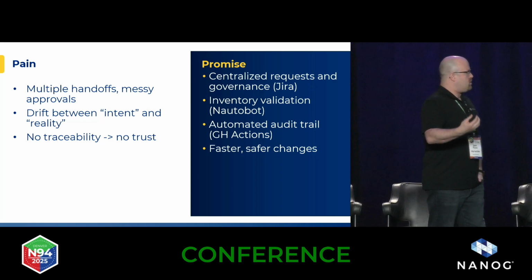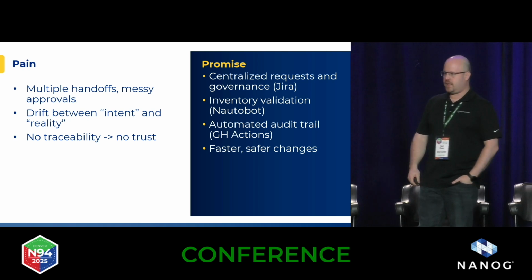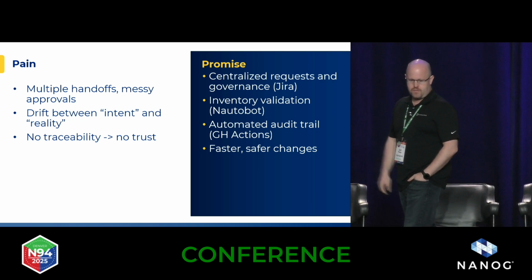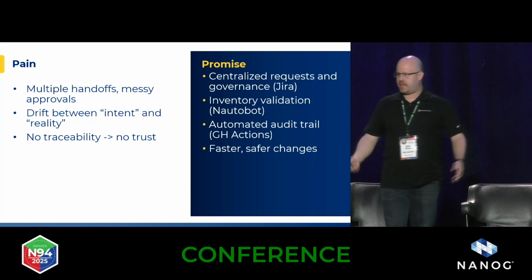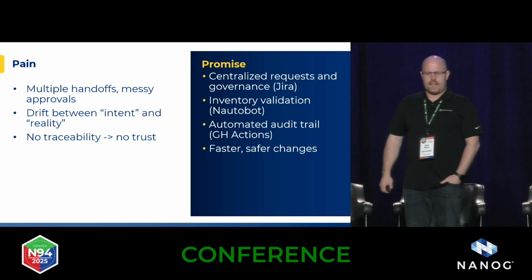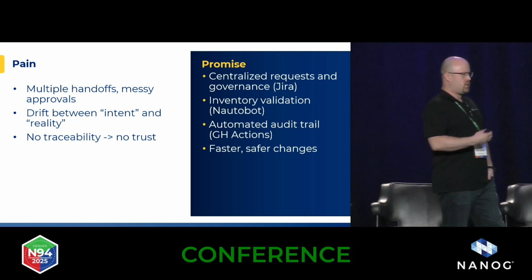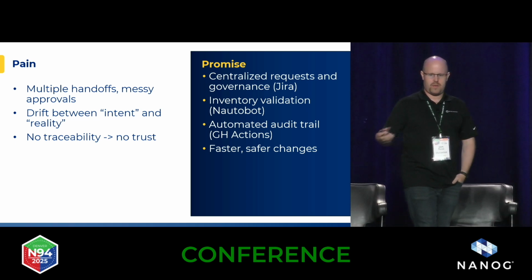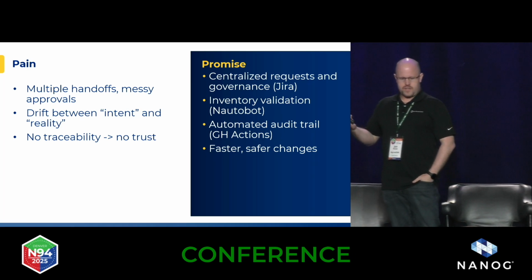So the nirvana here, what we want to get to, is having an ITSM tool where we put our requests. In this demo, it's going to be Jira. It doesn't have to be Jira. We'll talk a little about how this is more of a framework and not a prescriptive, lock-yourself-in sort of solution. We also want a tool to assist automation in knowing what's out there, from both an inventory and a configuration standpoint.